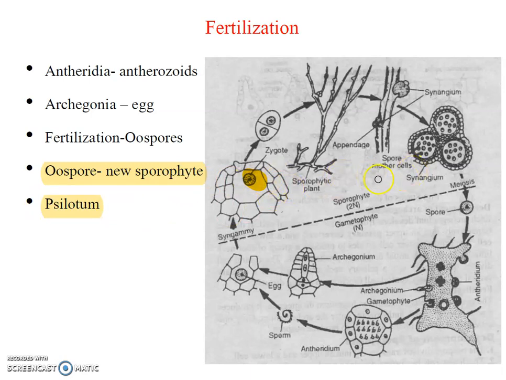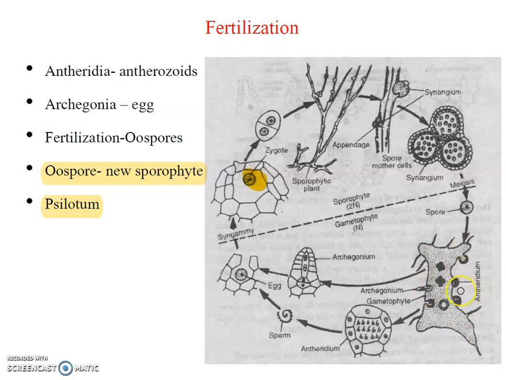In short, this is the sporophytic plant, Psilotum. In the Psilotum, sporangia develop. These sporangia produce spores. When these spores germinate, they form the prothallus. On the prothallus, antheridia and archegonia develop.